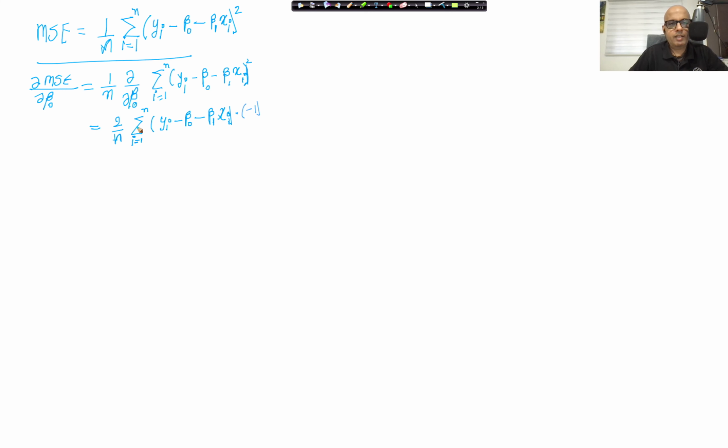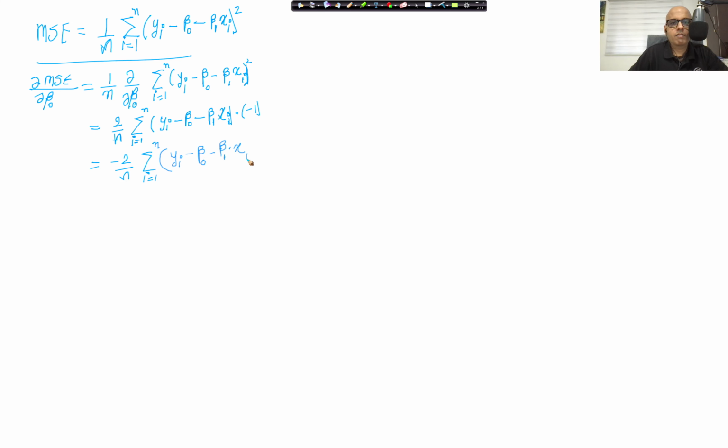So we can rewrite the equation as -2 divided by n, and then the rest of the term stays the same. i equal to 1 to n, and in this we would have yi minus beta 0 minus beta 1 xi.